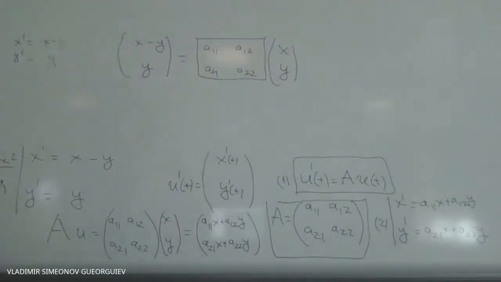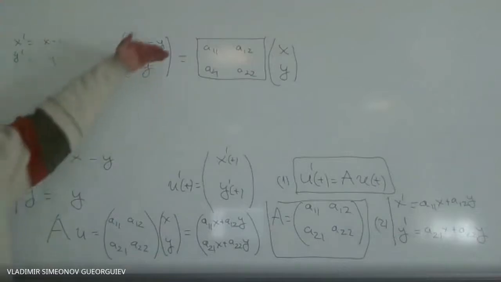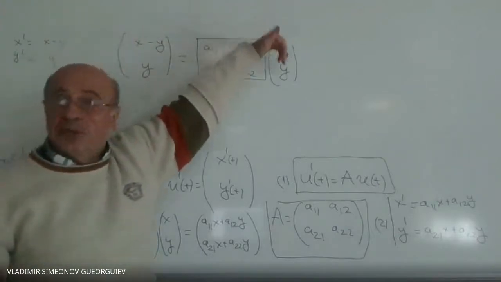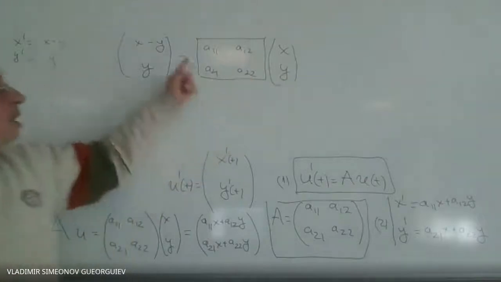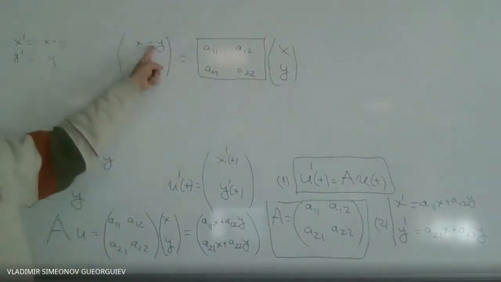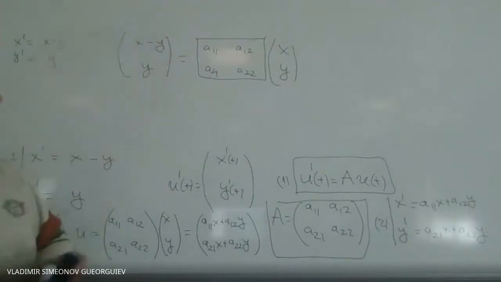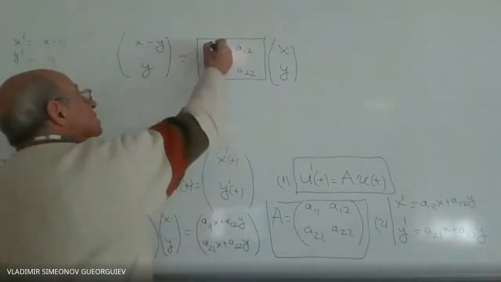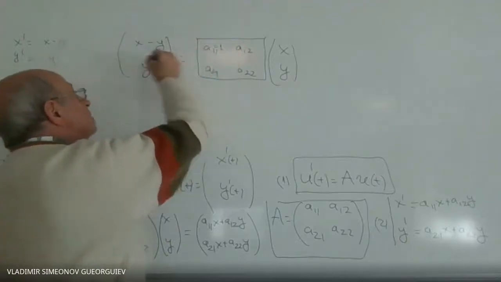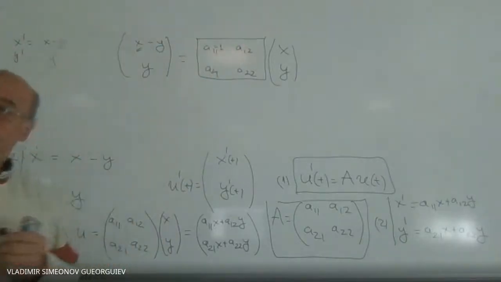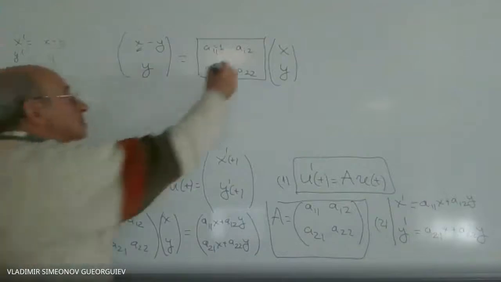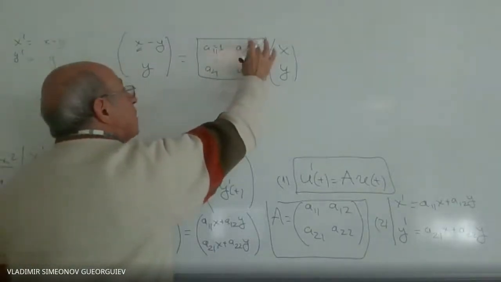We have to choose all components of the matrix A. And you can easily see, if the rule is this matrix multiplied by this vector, on the first line I simply use the coefficients in front of x and y. So I put here 1, the coefficient in front of x, and the second one is minus 1.